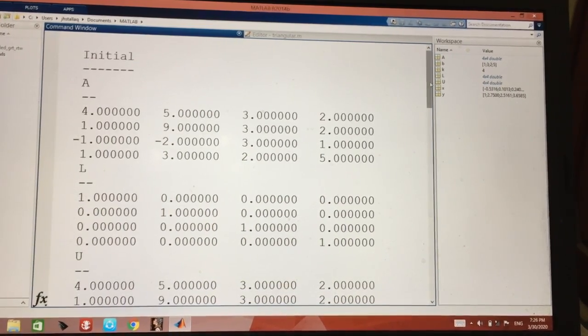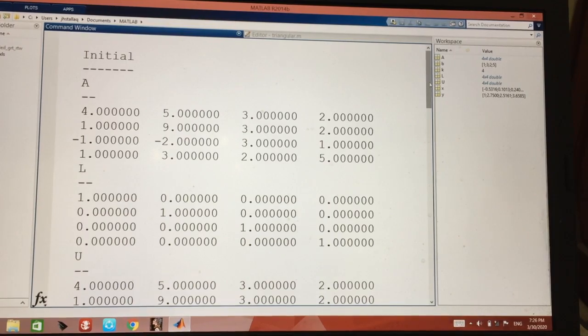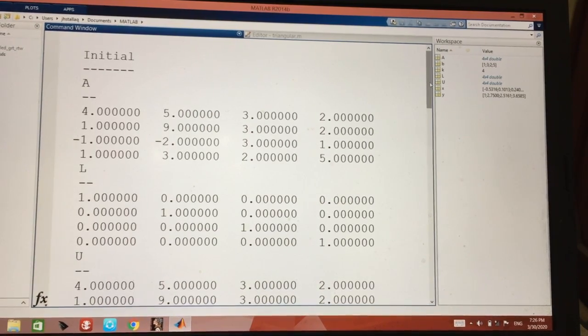Now, let's say this one is h, and you have h equal 1, 5 over 4, 3 over 4, and 2 over 4.